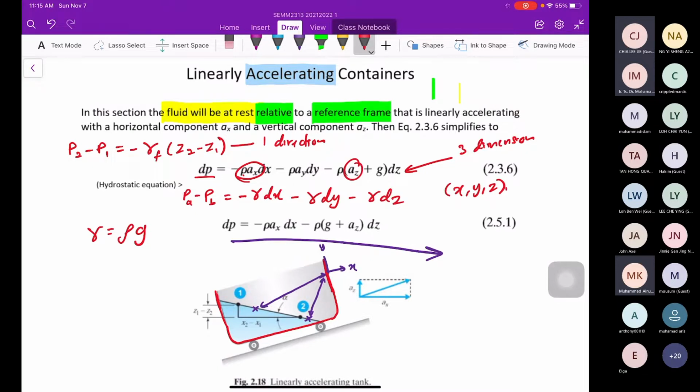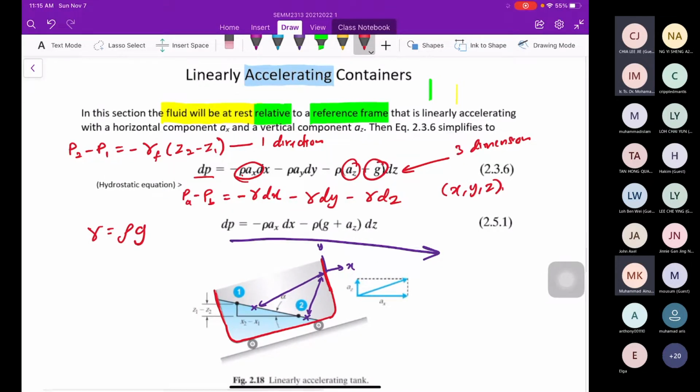The gravity is fixed. This is what you need to know. Equation 2.36 is basically derived from the hydrostatic equation in three dimensions.